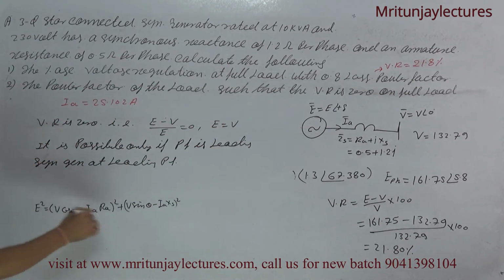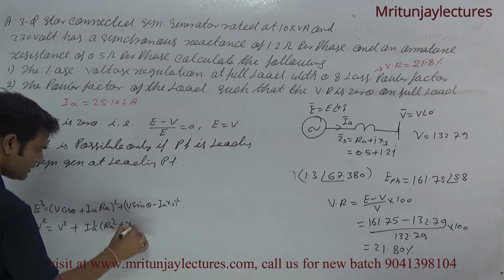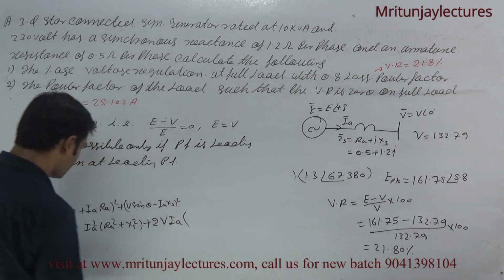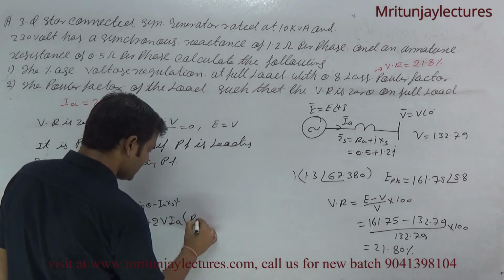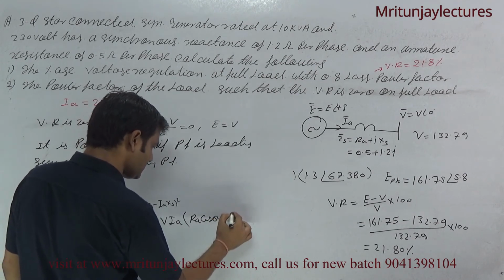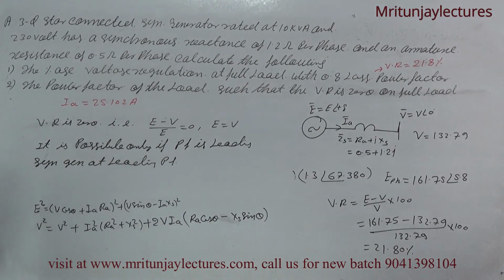So E and V are the same, so this is also written as V square equals V square plus IA square RA square plus 2 times V IA into (RA cos theta minus Xs sin theta).